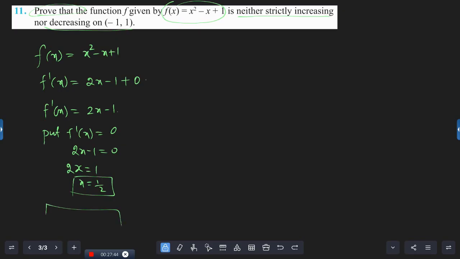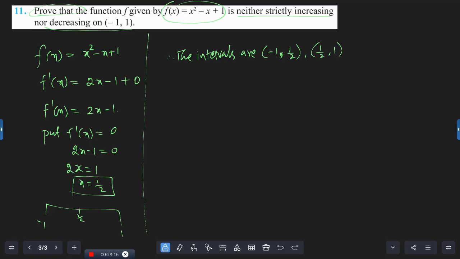See, when you split the interval, you should not take minus infinity to plus infinity, because the interval given is minus 1 to plus 1. You take what is given, and 1 by 2 we got. Therefore the intervals are minus 1 comma 1 by 2 and 1 by 2 comma 1.